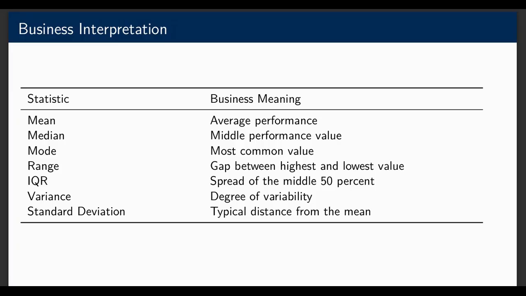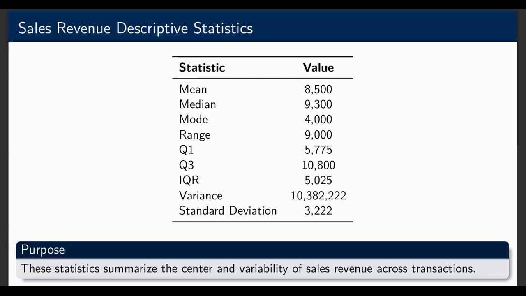The mode means the most common value. Range is the gap between the highest and lowest value in the dataset. Interquartile range is the spread of the middle 50%. The variance is the degree of variability, and the standard deviation is the typical distance from the mean.